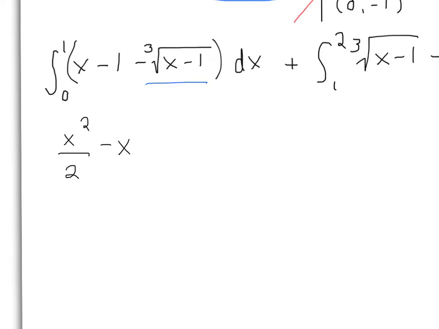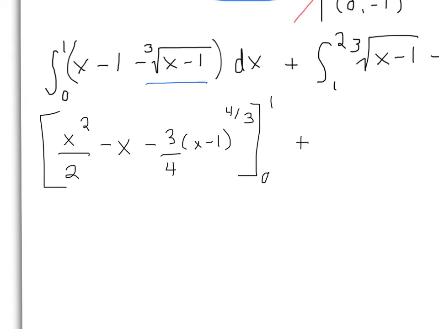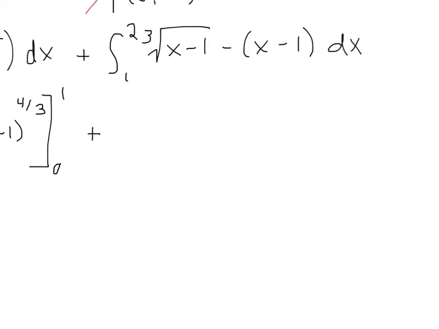So I'm going to say minus, and then I'll have x minus 1 to the 1/3, so when we add 1, we'll get 4/3 over 4/3, which means times 3/4. We'll have to evaluate that between 0 and 1, and then add that to this second piece.